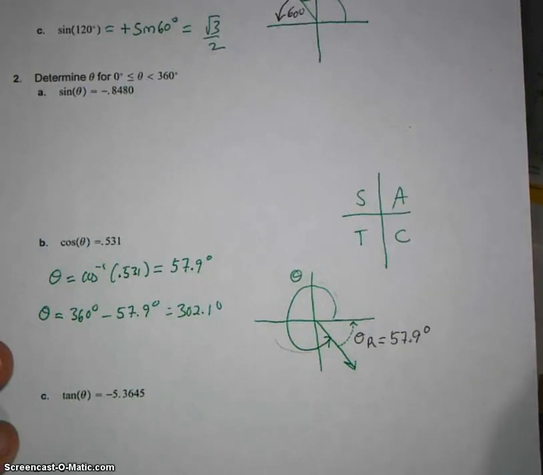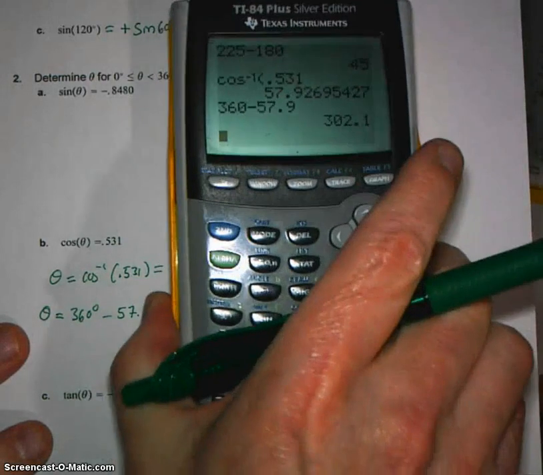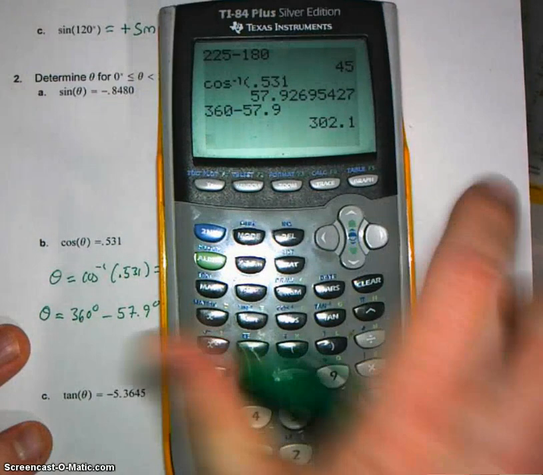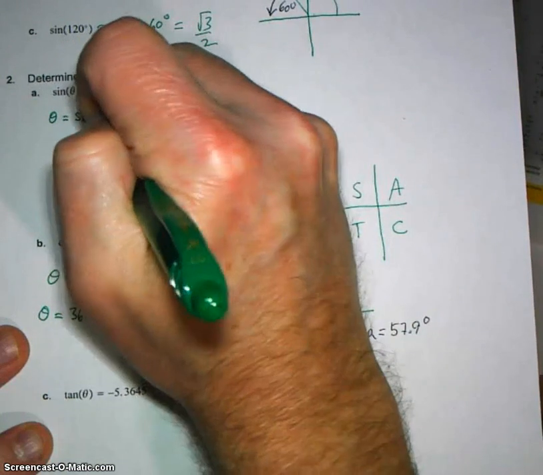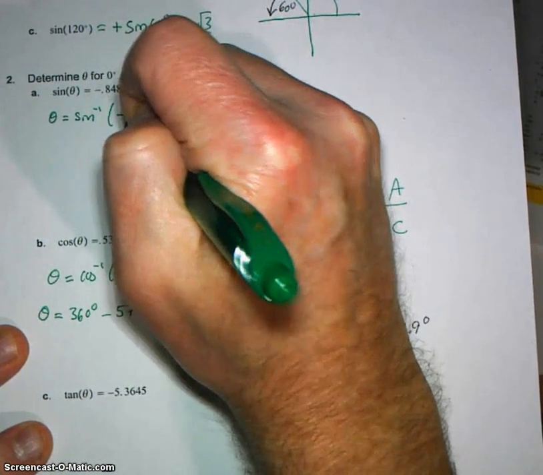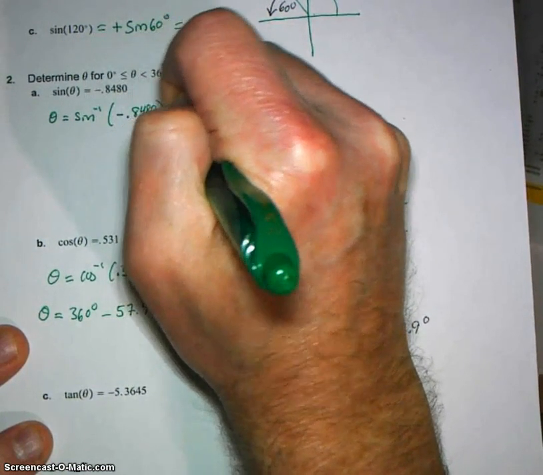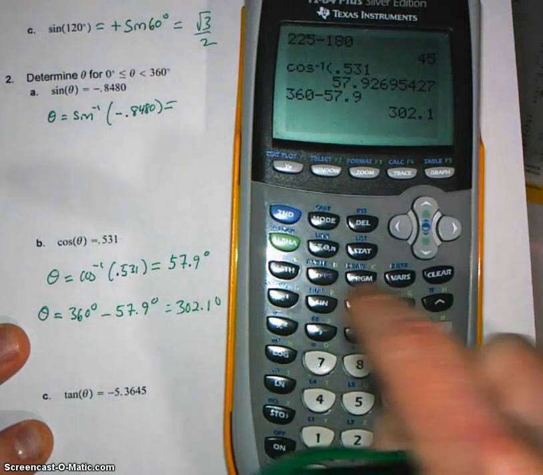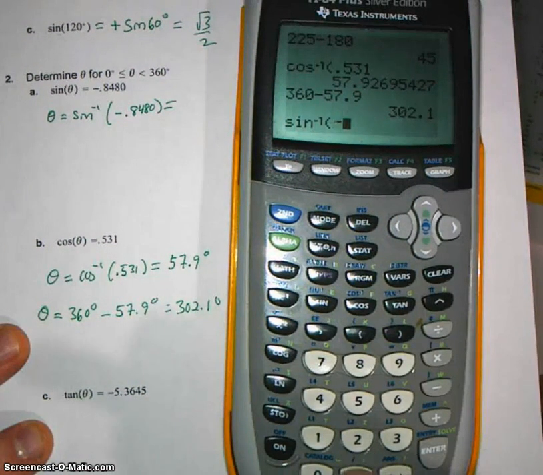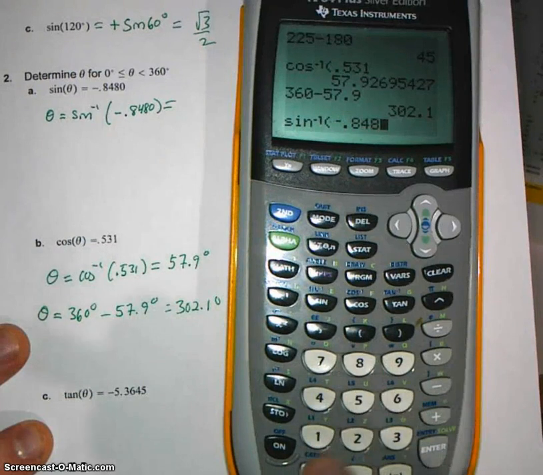All right, now let's go back up to A. Once again, I would grab my calculator and I would do theta is sine inverse of negative 0.8480.